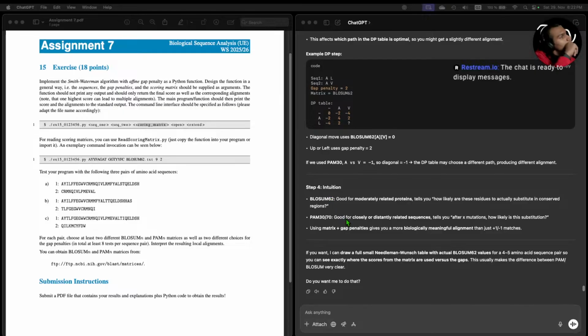Good for closely or distantly related sequences. It tells you after X mutations how likely the substitution is. Wait, wait. If PAM does what it does, then what's with PSI-BLAST? They seem similar.